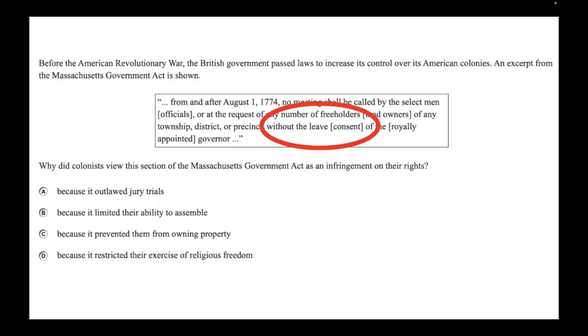So essentially what this says is that the colonists cannot have a meeting without the approval of the royally appointed governor. The officials in the colony cannot meet without the permission of the British governor, the person the king appointed to be in charge.